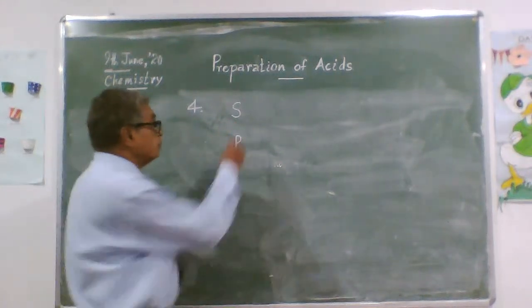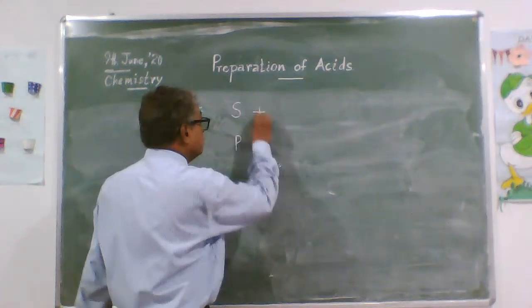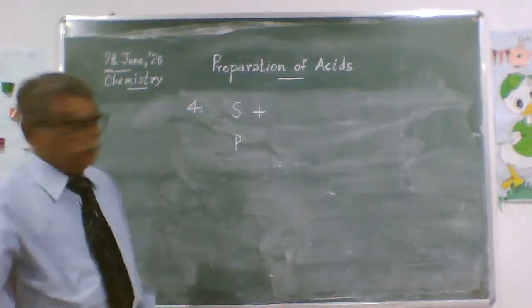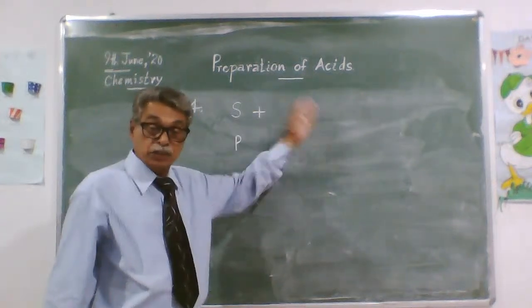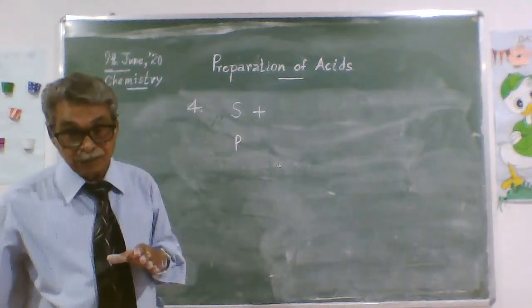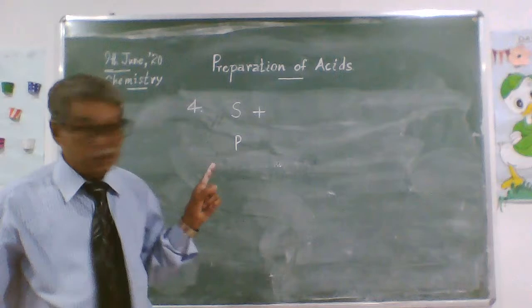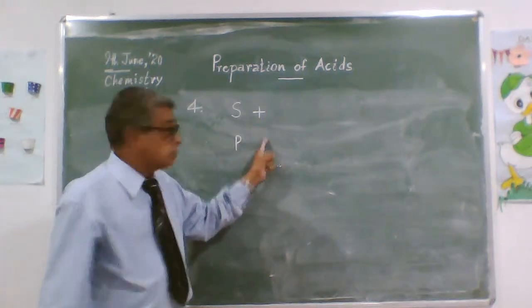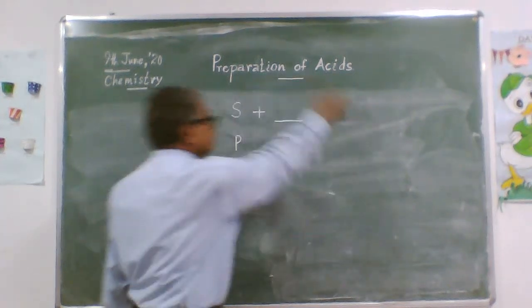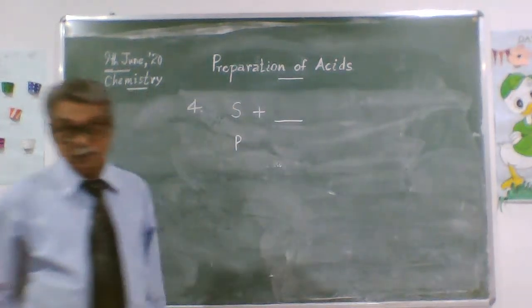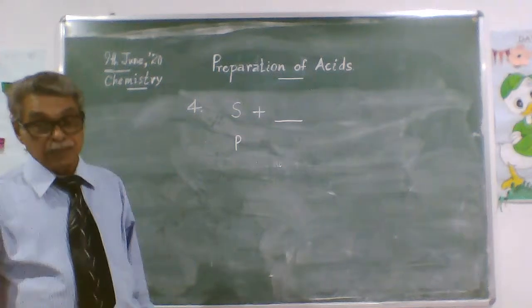So if sulfur is made to react with something which can give oxygen and change it into sulfur dioxide or sulfur trioxide, that with water will give the acid.